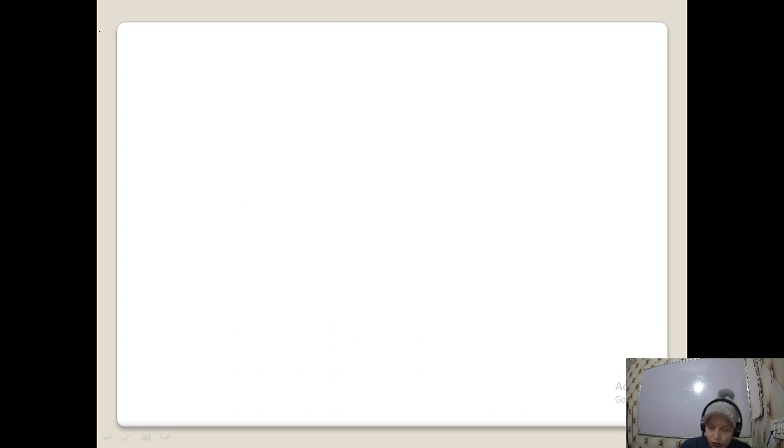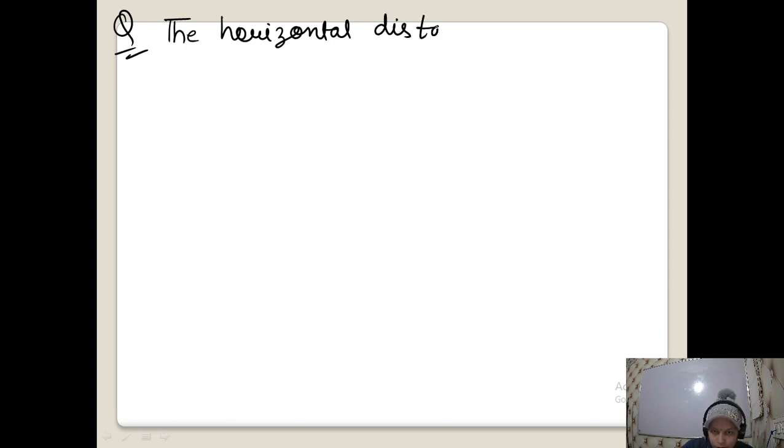Now the next question, that is important. The horizontal distance between two poles is given. We have two poles, and the distance is given as 15 meters.